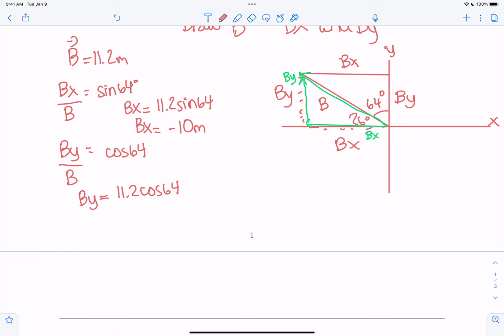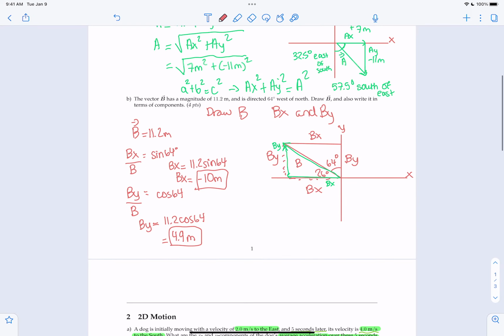So 11.2 times cosine 64 is going to give you what? What did you guys get for by there? $4.9. Yep, 4.9 is about what I got as well. 4.9 meters for this, and negative 10 meters for bx, right?